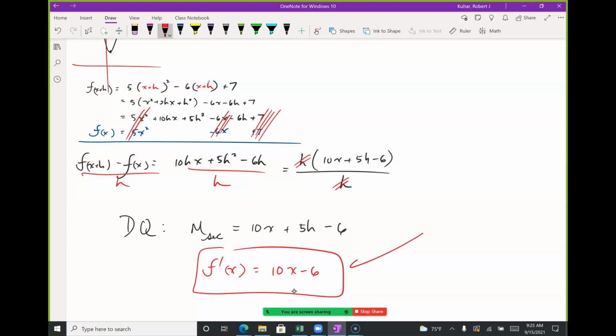This plus c is for an antiderivative; when you're integrating, you need that plus c. So this red box is Calc 1, don't worry about that too much. The black box is what we're working on now, the slope of our secant line for any x and any h.